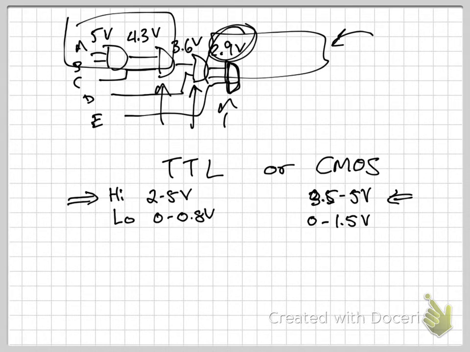But anyway, the fan out is the number of chips you can put one after another, logic gates, until the high input falls below the limit of what is defined as high.